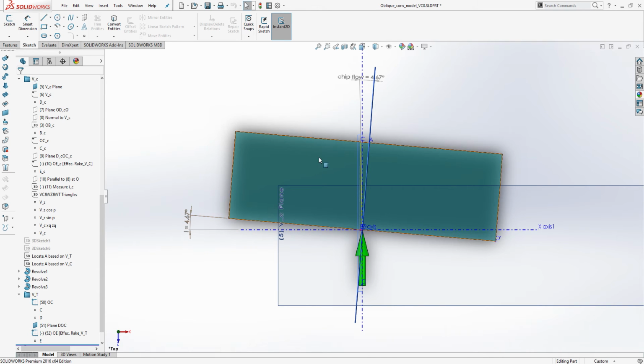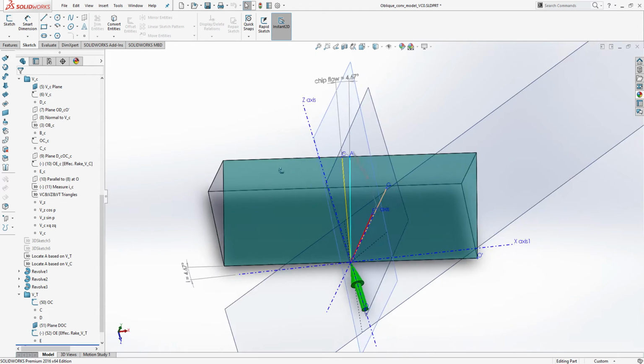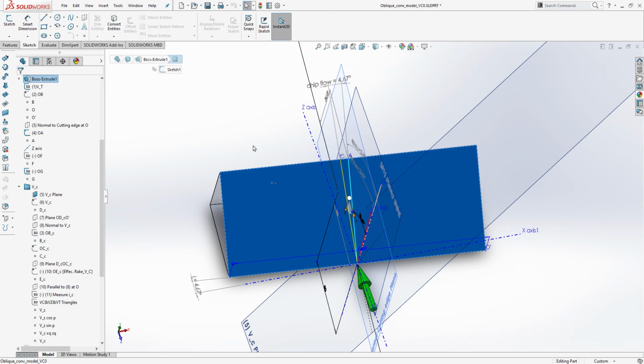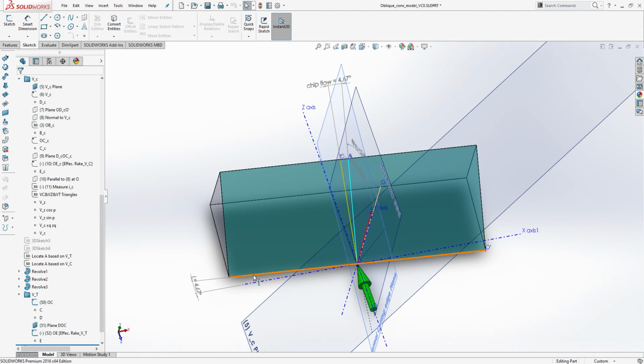And in the cutting mechanics, we need the normal rake angle and the equivalent rake angle to calculate the cutting force. And to obtain alpha n, the normal rake angle, we are required to draw this OA line, and the OA line is sliced on the rake face while it is perpendicular to the cutting edge.